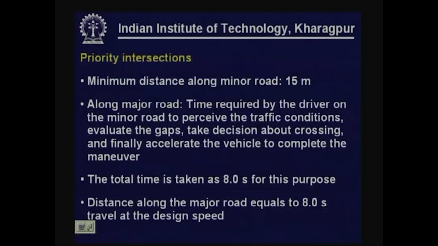So, stopping side distance is the major criterion, and for priority intersection, minimum distance along the minor road is 15 meter. Along the major road, time required by the driver on the minor road to perceive the gap and then complete the operation, total time taken is 8 seconds for this purpose. So, distance along the major road is 8 seconds travel at design speed. That way one can calculate it.